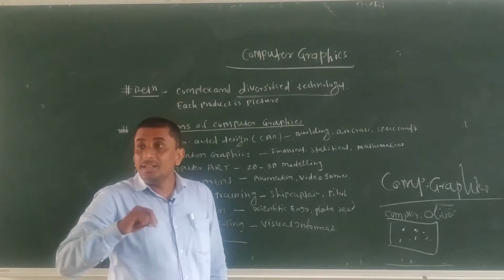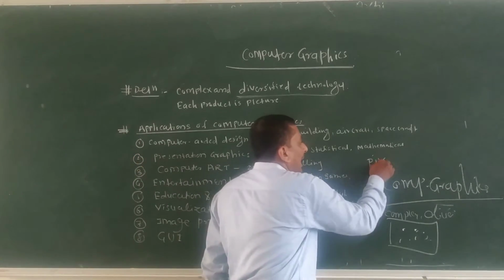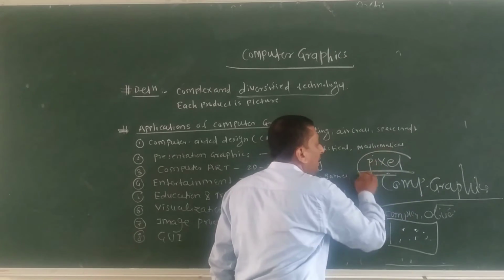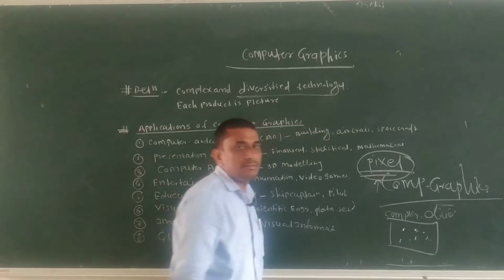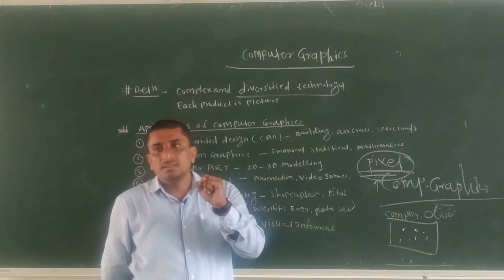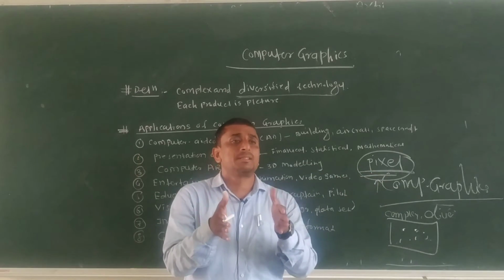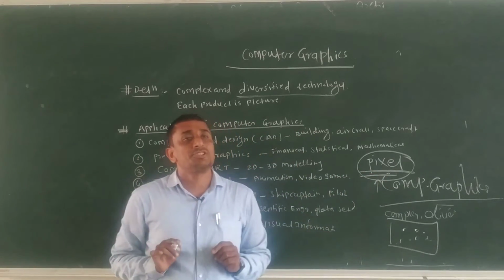Now the new concept that arises is the pixel. What exactly does pixel mean? The pixel specifies a dot point, and by collecting pixel points, we can form the corresponding picture.